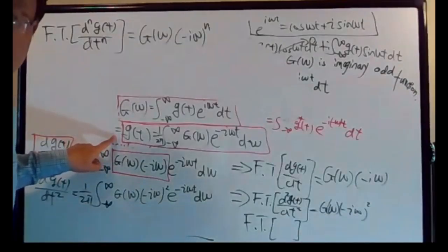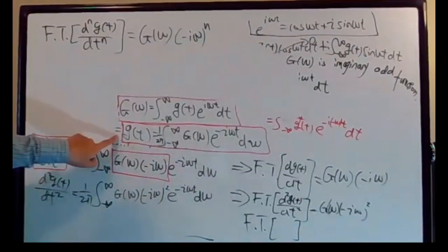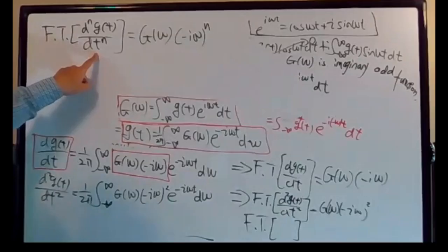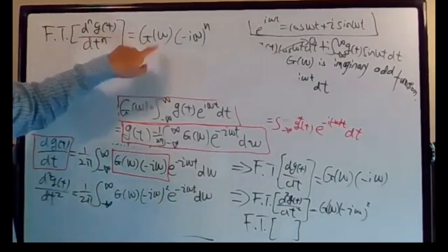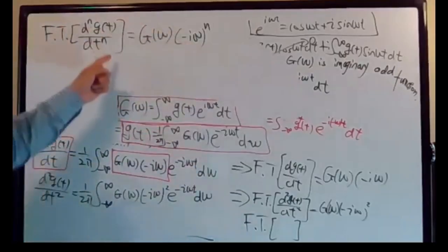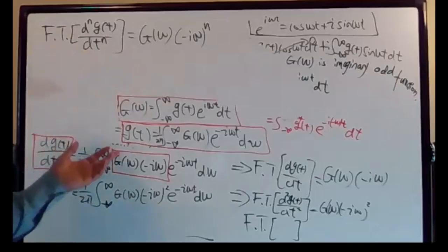Then the Fourier transform of the nth order derivative is going to be the Fourier transform G(omega) times negative i omega to the nth order. We're going to use this property later on, but that's the Fourier transform of the nth order derivative.